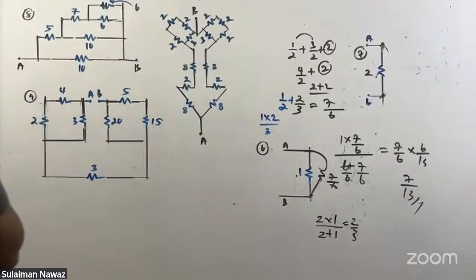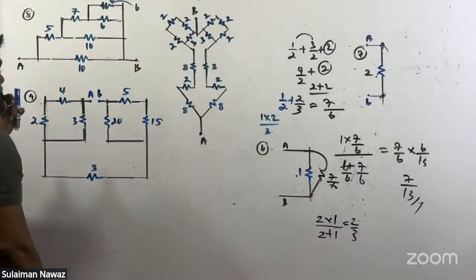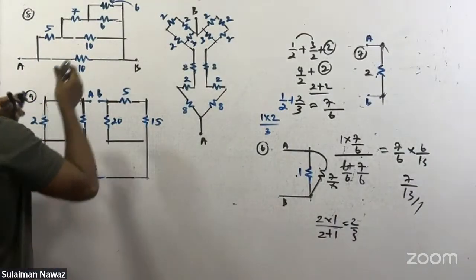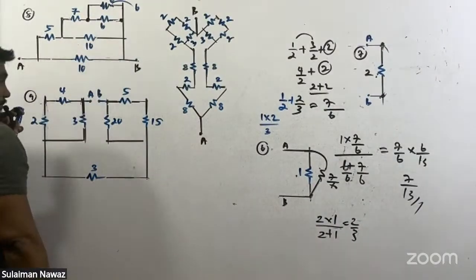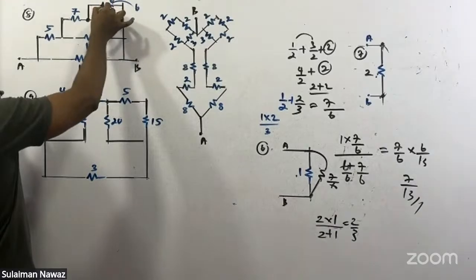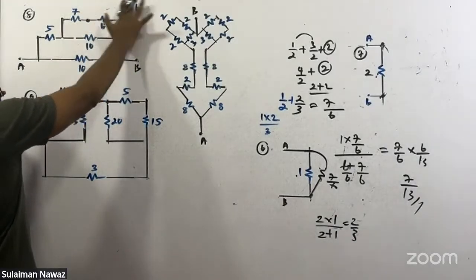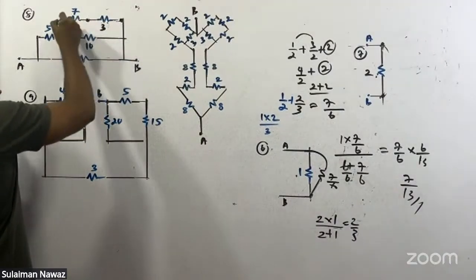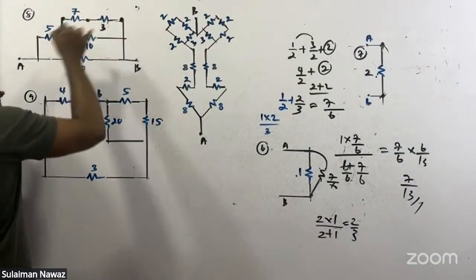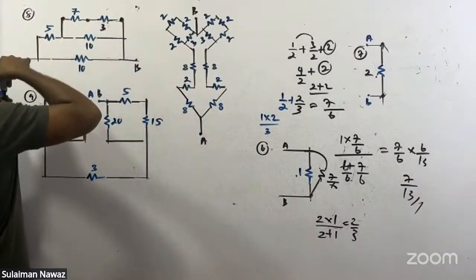8:19. See here. 6 ohms between these 2 points. These two parallel. 6 and 6 parallel. Equal is 3. Between these 2 points, 7 and 3 series, 10.